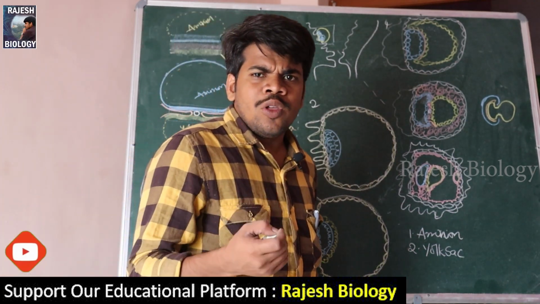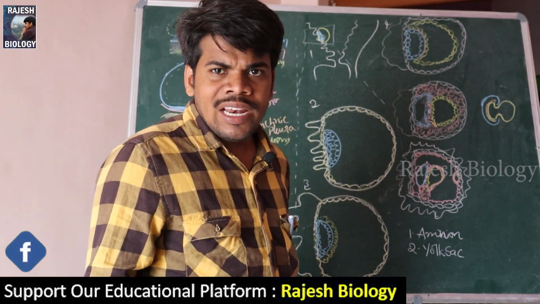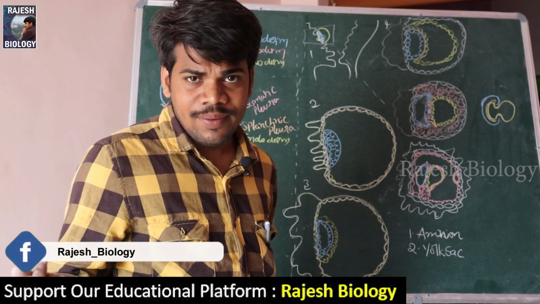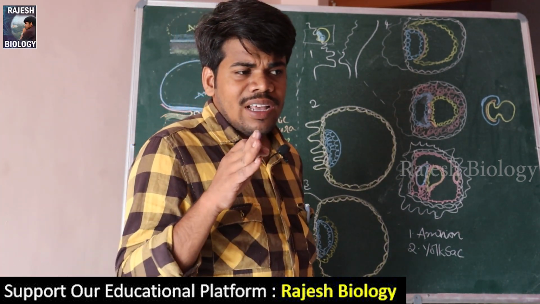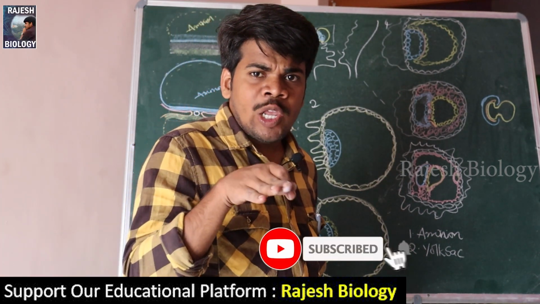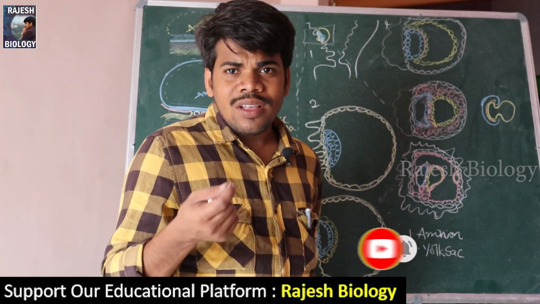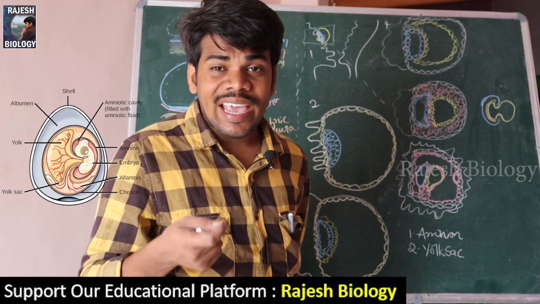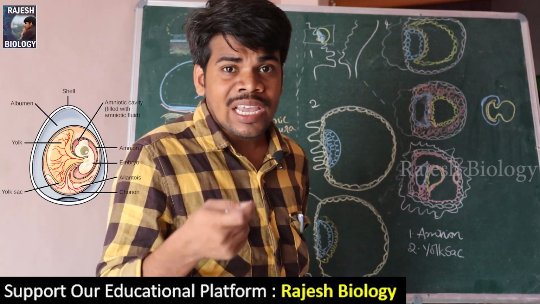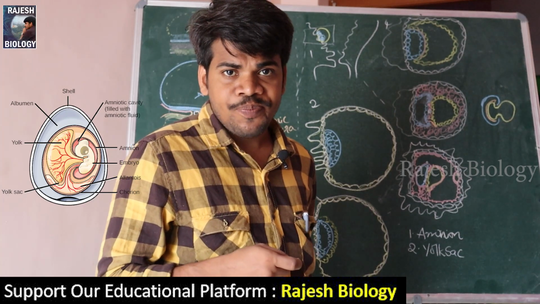I think you already know the name yolk material in a hen egg. Compared with the remaining organisms, you know the word amniotes: the organisms which lay eggs with the amniotic cavity are called amniotes.